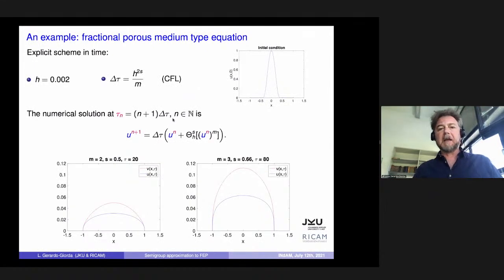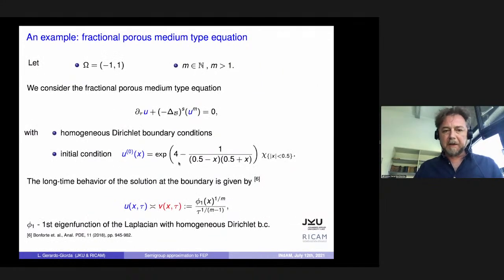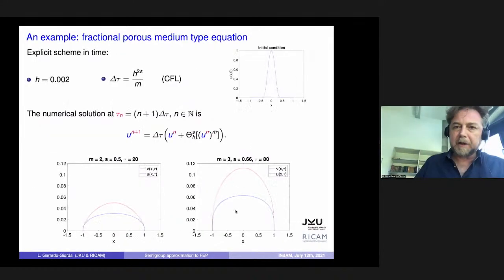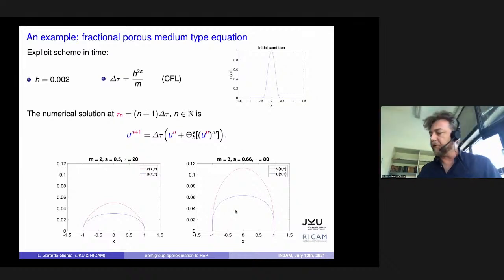And by paying attention to the CFL condition, which is naturally coming out when you are dealing with the time-dependent problem in an explicit fashion, you can see that the numerical solution that we computed was actually recovering exactly the kind of behavior that we could see for the solution that was predicted by a paper by Matteo Bonforte and colleagues.